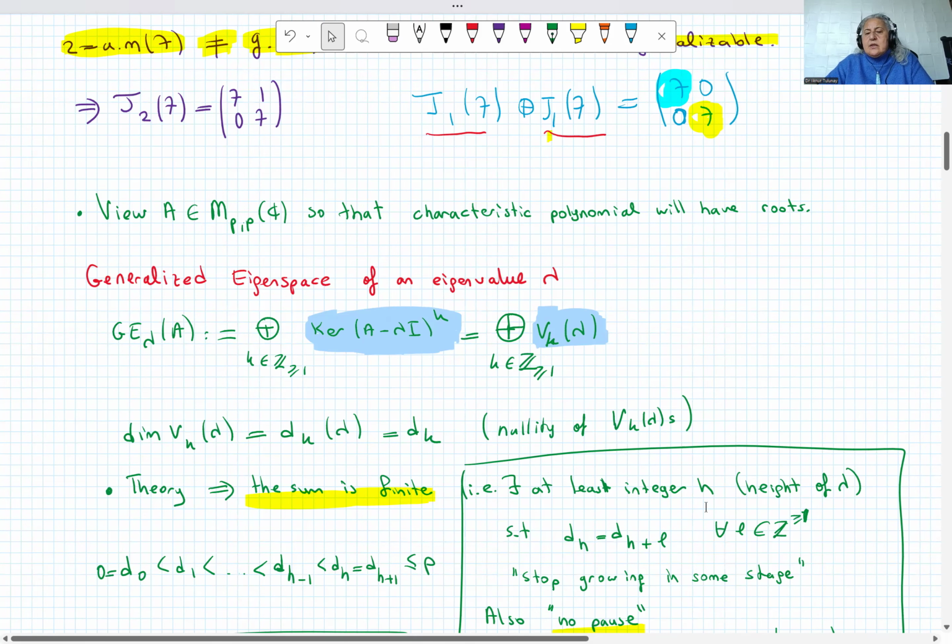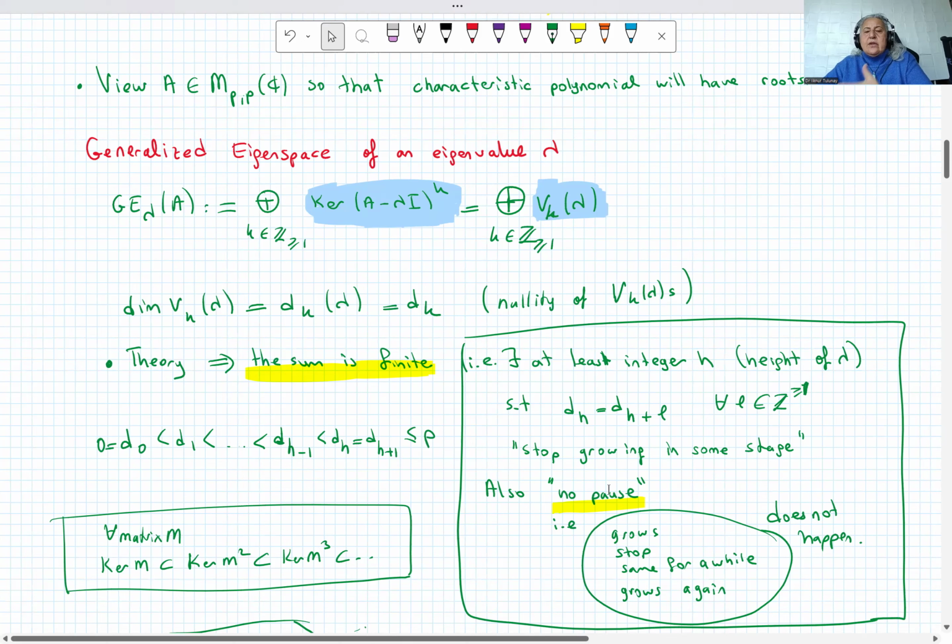Also, there's another result which says that there is no pause. There are some rules about these dimensions. No pause means that the increasing order of the dimensions of these spaces cannot grow, stop, and then grow again. That will not happen. Now, these kernel spaces include each other.